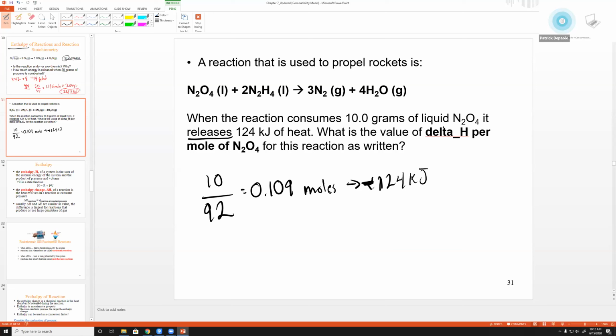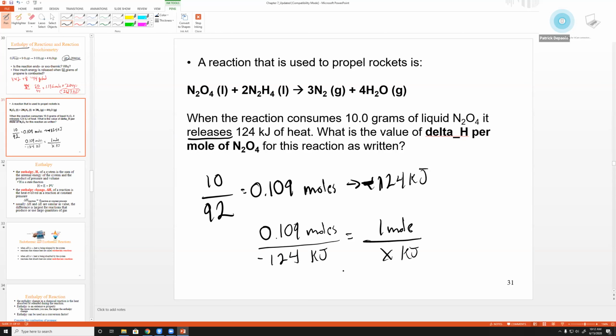So what is delta H per mole? If we know that 0.109 moles releases 124 kilojoules, then 1 mole releases X kilojoules. You can cross multiply and solve this.